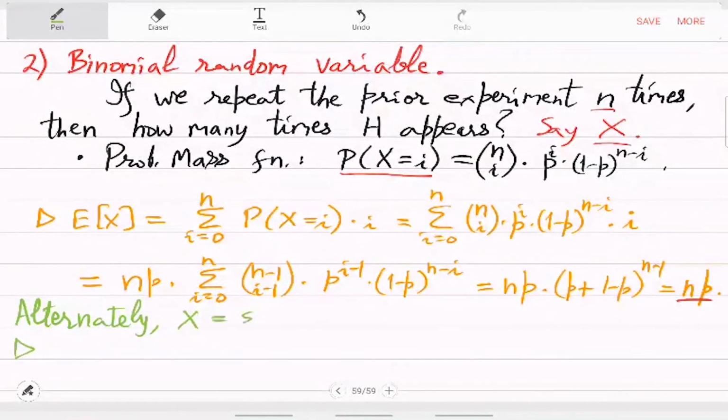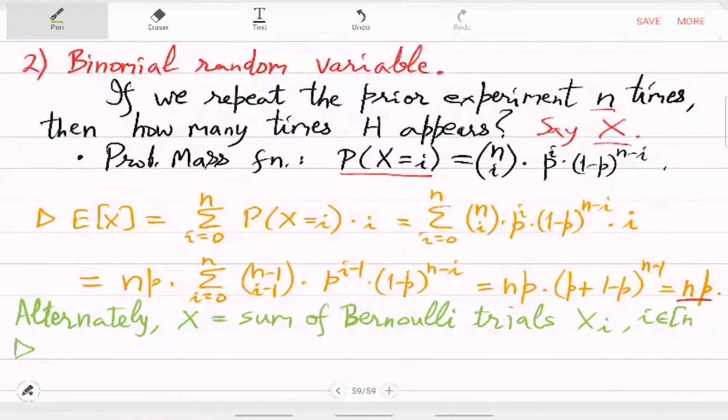x is a sum of Bernoulli trials. You can write this as a sum of Bernoulli random variables, because each toss is just a Bernoulli random variable, and using that you can calculate the expectation of x to be the summation of the expectation of xi.